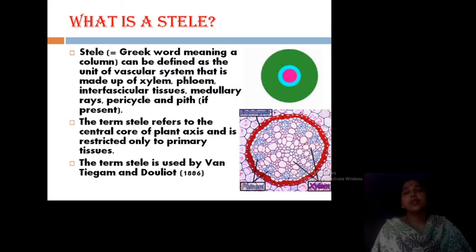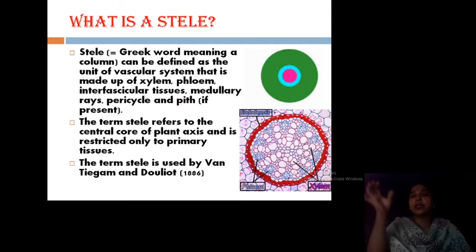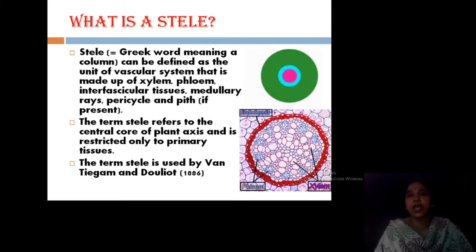Okay. So, what is a stele? Do you know what a stele is? So, stele is actually derived from the Greek word meaning column. It is defined as column, or you can otherwise call it a pillar. So, when you construct a house, you can see different pillars are arranged. They are actually the strength of the house.